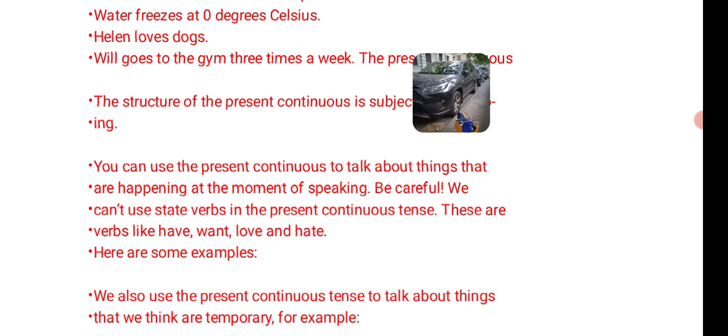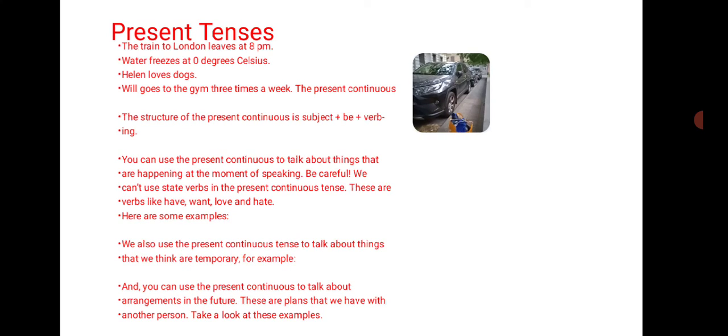And we use the present continuous to talk about things which are temporary in nature, like for example it's raining, it's snowing.